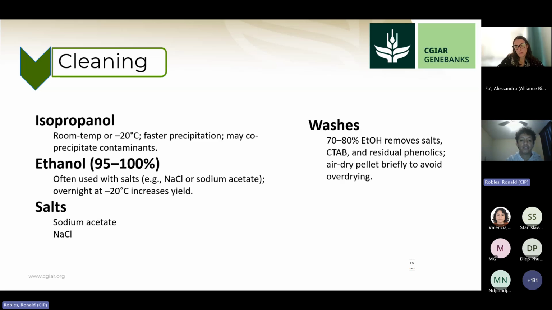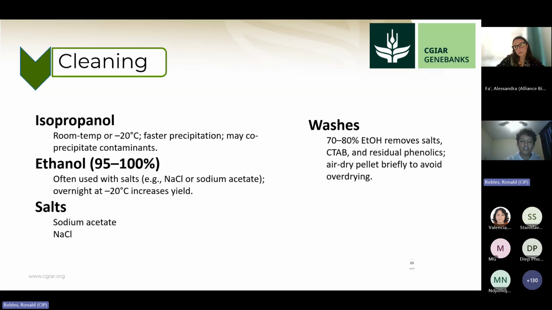After the precipitation, we need to remove any amounts of salts or any amounts of CTAB from our pellet. For this, we use ethanol. We make the washes with alcohols. They can be done at room temperature or at lower temperatures.